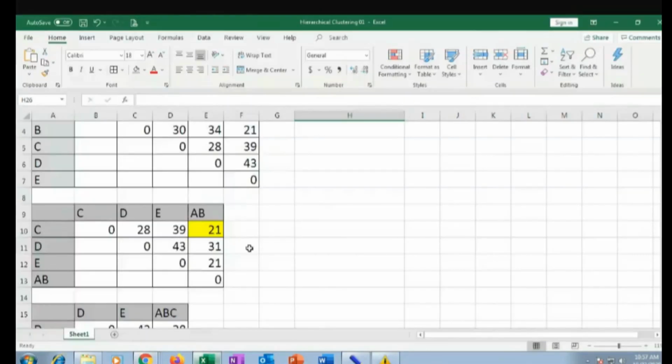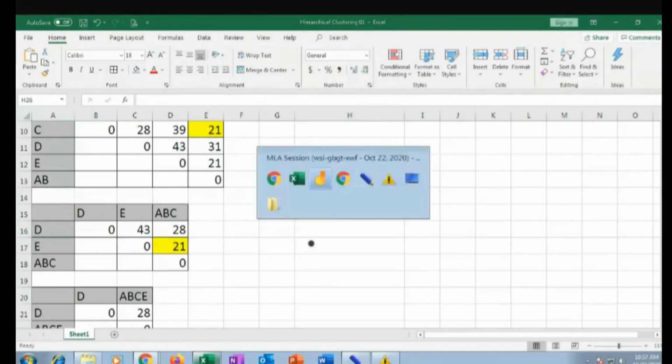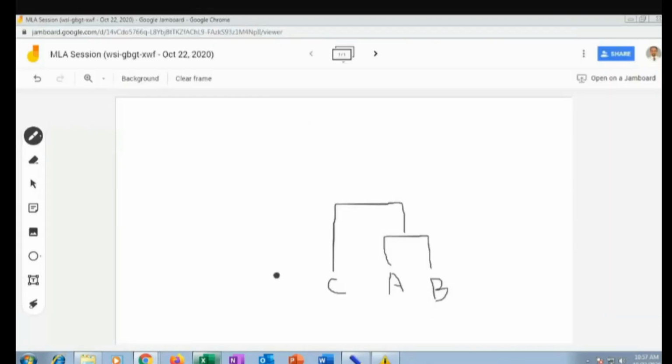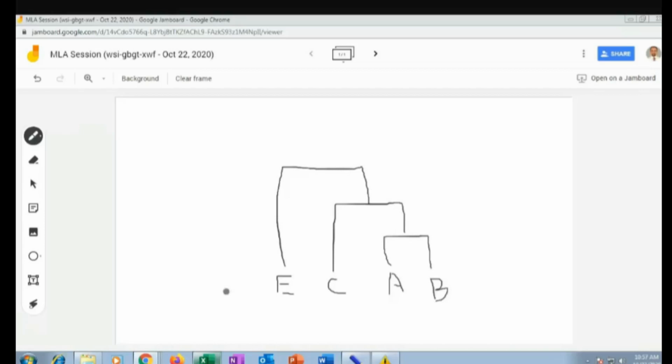Then what you have merged? You have merged E with ABC. So this is E and then ABC. And then ultimately D, the final cluster.